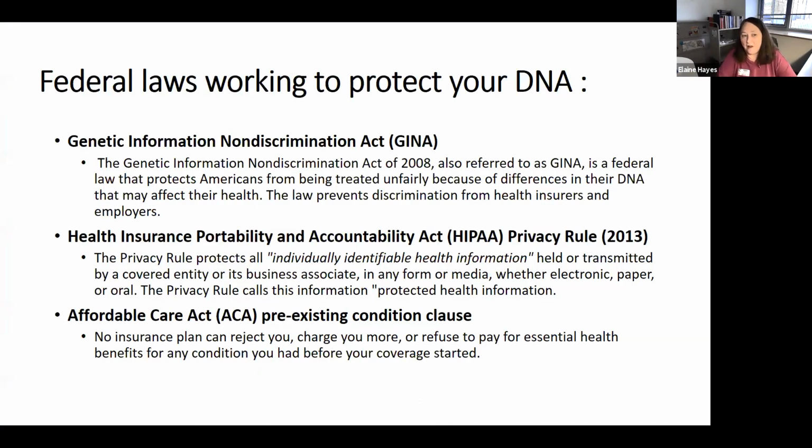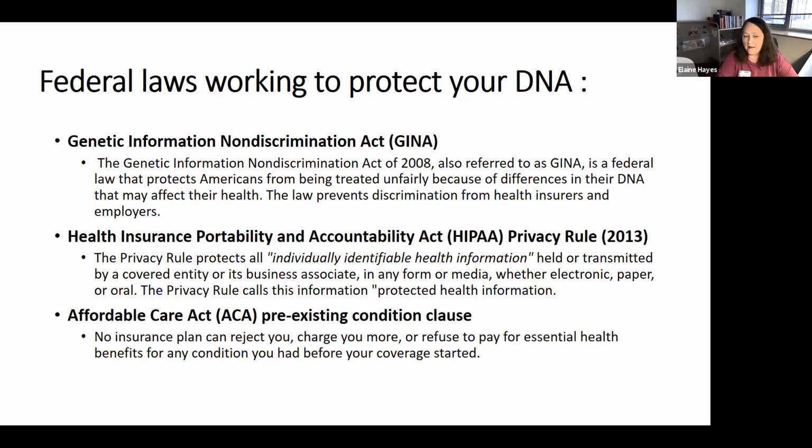There are some federal laws that are working to protect your private DNA information, including GINA, the Genetic Information Non-Discrimination Act, which basically keeps you from being discriminated against because of what might be in your DNA. HIPAA privacy rules say that any individually identifiable health information is to be kept private.